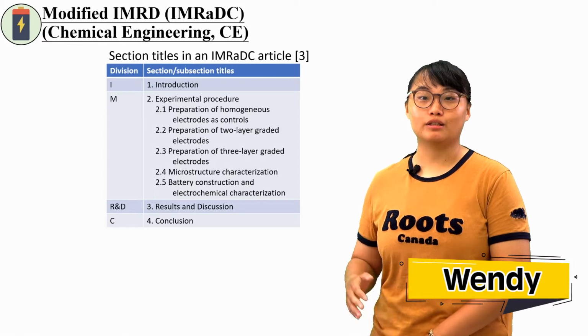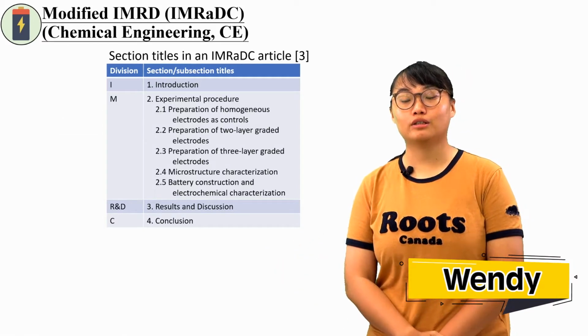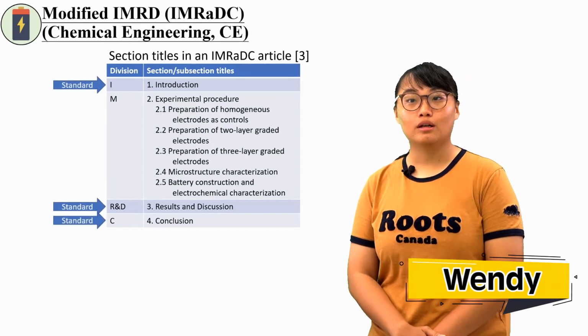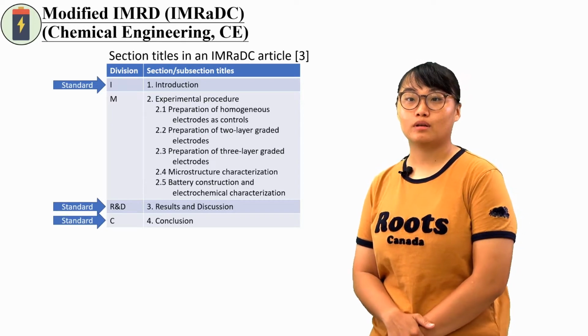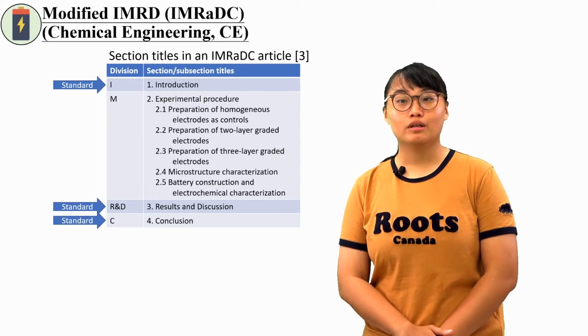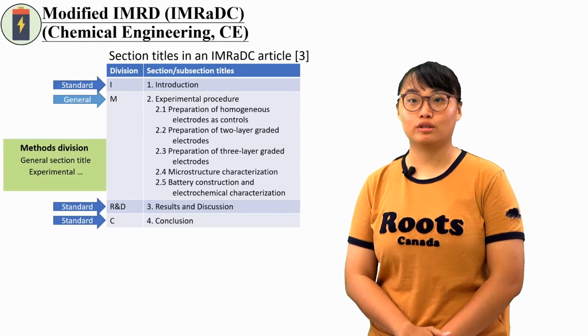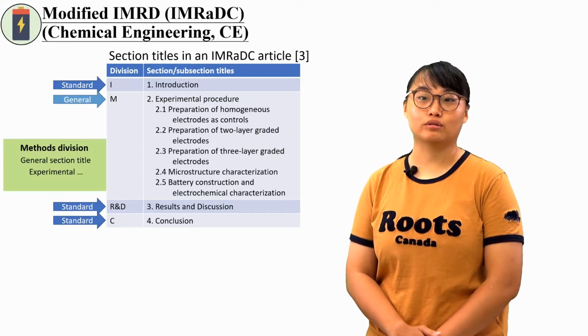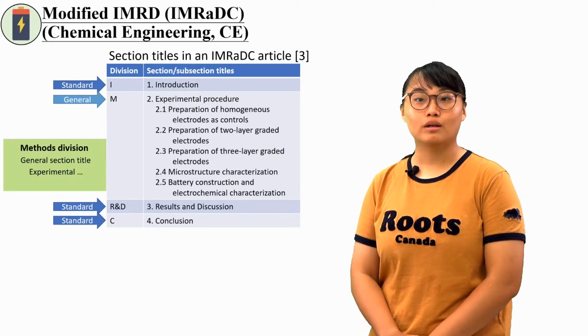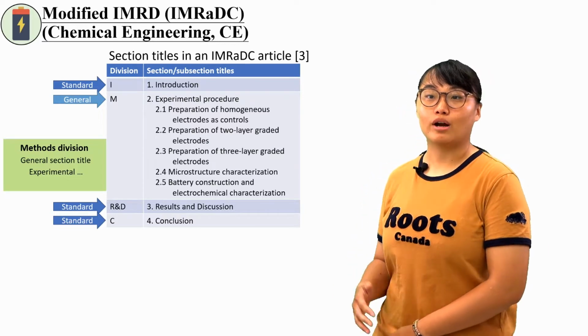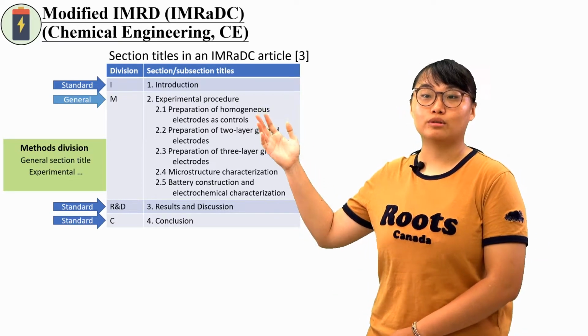As summarized in this table, three of the section titles are standard, the same as the division name. In chemical engineering, it is common for the methods division to have general section titles, such as experimental methods, or as here, experimental procedure.